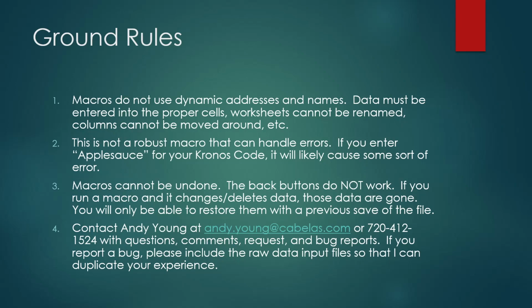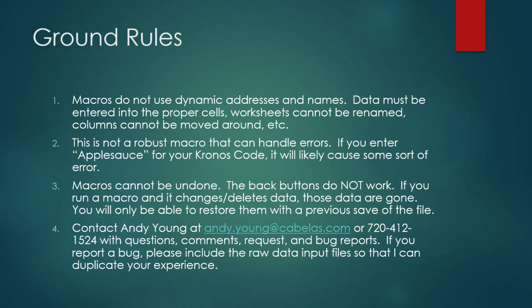There's not a bunch of error handling routines in here. So if you put in nonsense, either on purpose or by accident, you may get some errors. Let me know if that happens, if it's not obvious to you why something's not working. It could be a bug, it could be just some misunderstanding, but my contact information is at the bottom of this page.